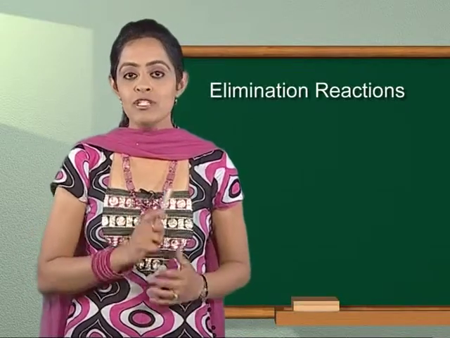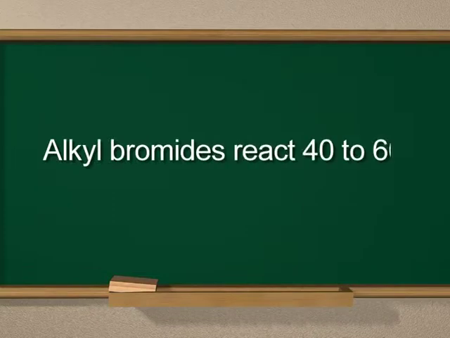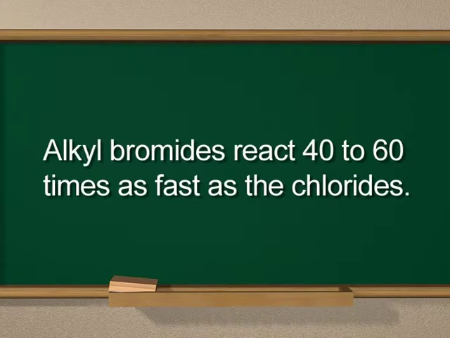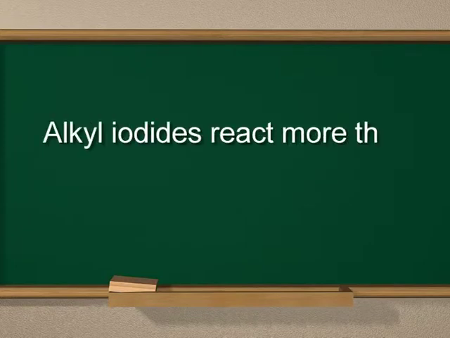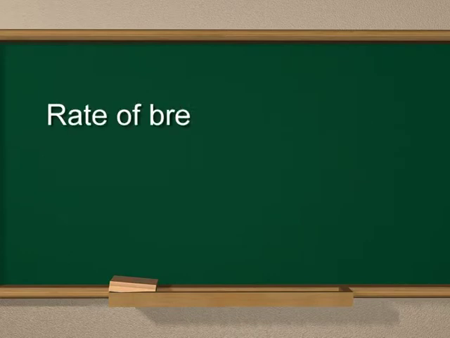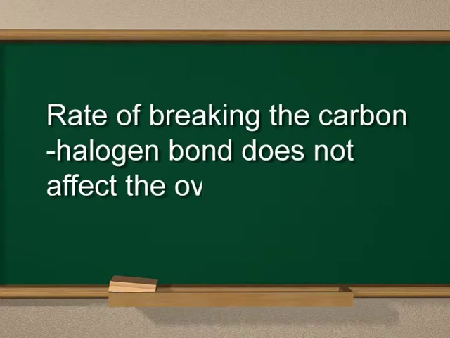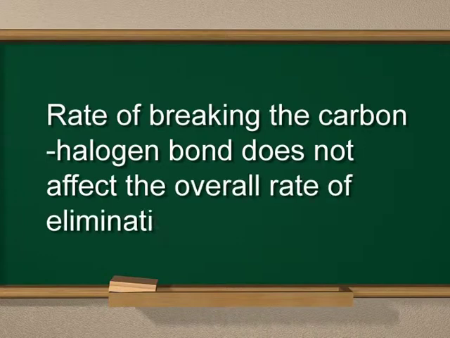And with element effects of just about the same size, alkyl bromides react 40 to 60 times as fast as the chlorides. And to take the full range of reactivity, alkyl iodides react more than 25,000 times as fast as the fluorides. Clearly, the rate of breaking the carbon halogen bond does not affect the overall rate of elimination.